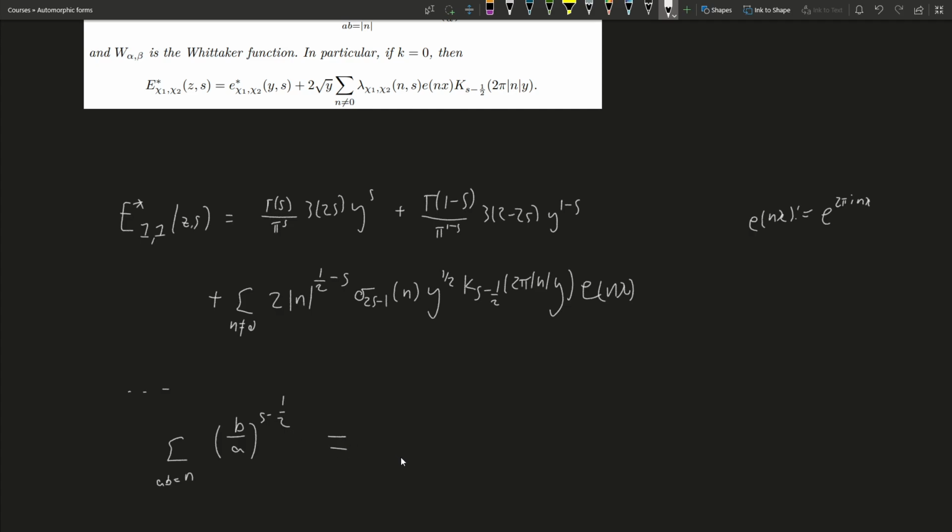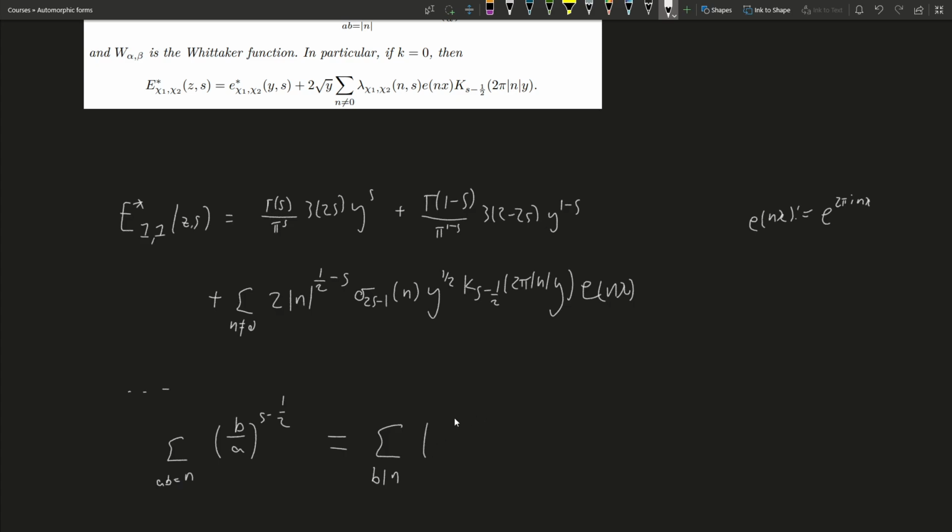We can instead write this as a sum over b divides n, and then a is going to be n over b.